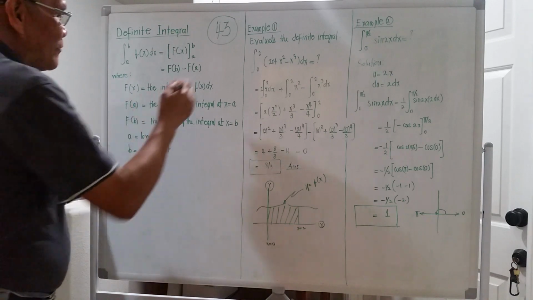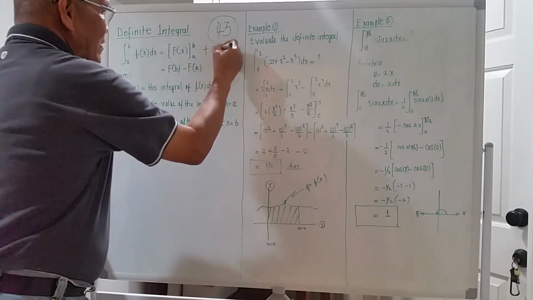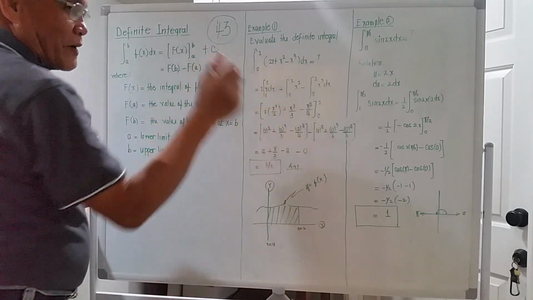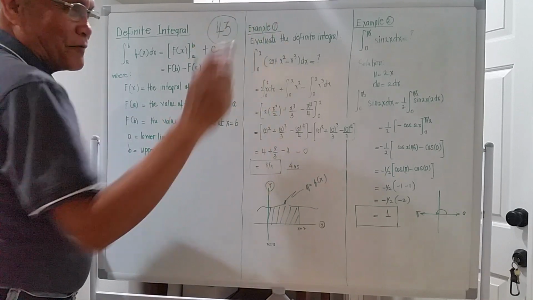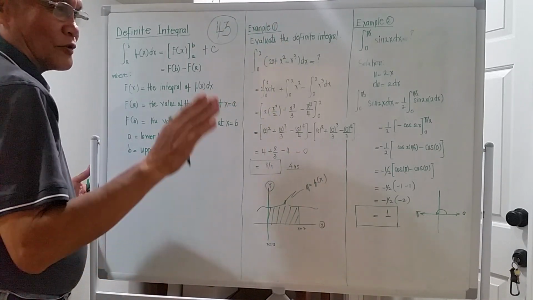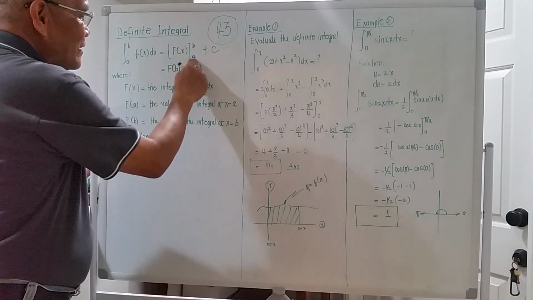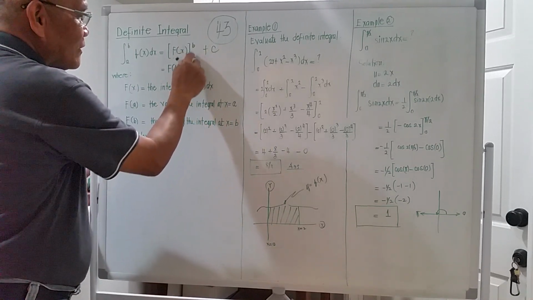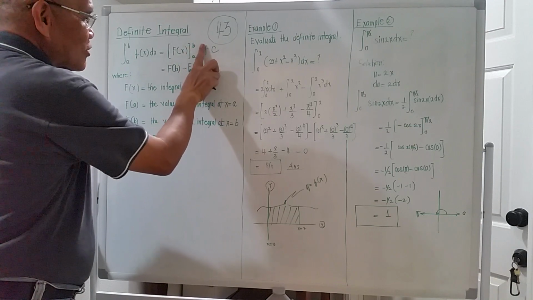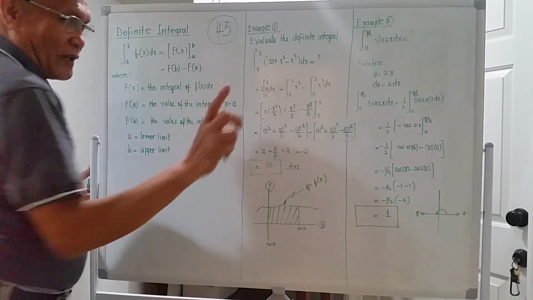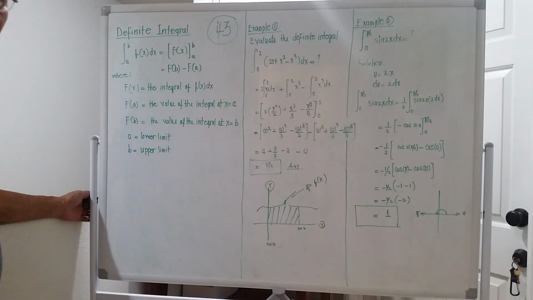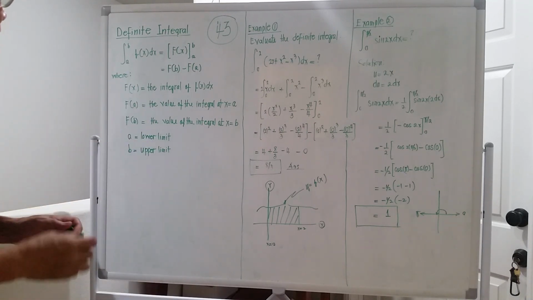So actually we don't have a plus c over here, because if there's a plus c over here, that's indefinite integral. So for definite integral, it should have a limit. It should have a lower limit and upper limit. So there's no plus c.